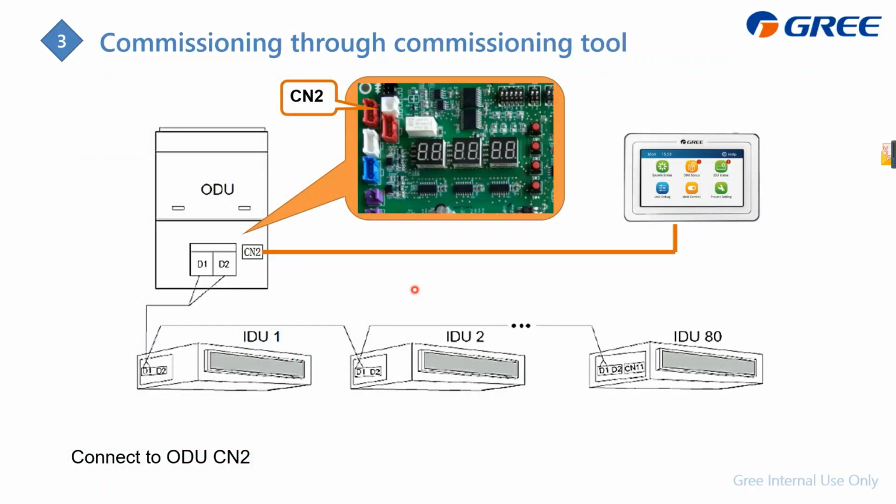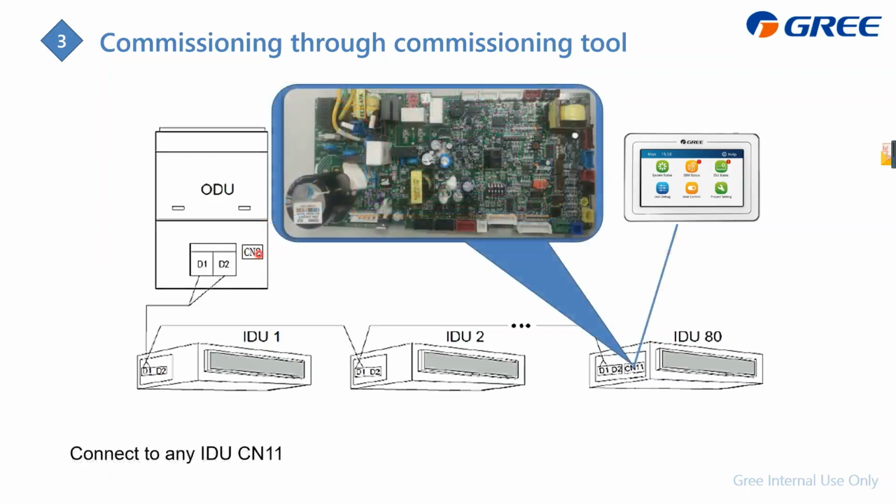And we also can do the commissioning through the portable debugger. As a portable debugger, it means no need for power, only connect to the outdoor unit or the indoor unit. When connected to the outdoor unit, we should connect to the CN2 here, the CN2 of this master outdoor unit, and then we can do the commissioning or do the troubleshooting.